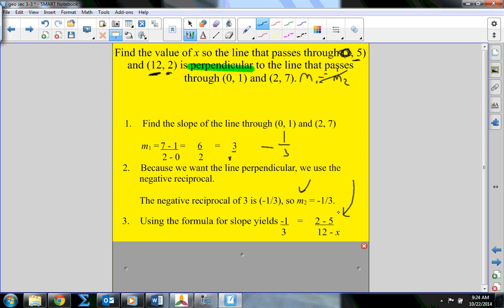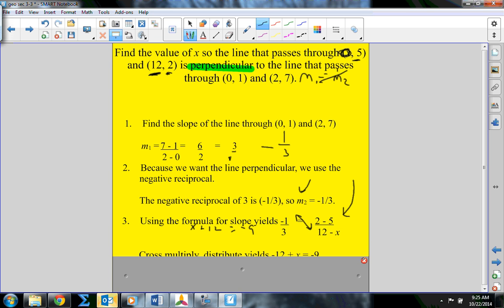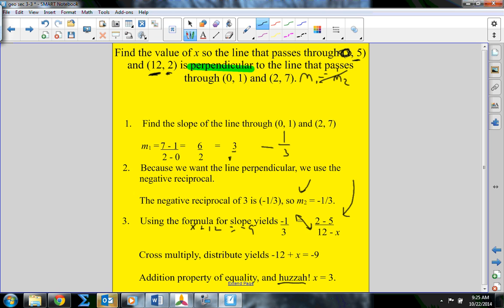So 2 minus 5 over 12 minus x. Then we're going to do a little cross multiplication. If you like algebra, this is one of the sections for you. Negative 1 times that is going to give you x plus 12? Actually -1 times (12 minus x) gives x minus 12, and then 3 times negative 3 gives you negative 9. And huzzah, x is equal to 3.